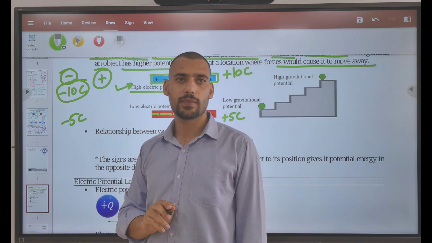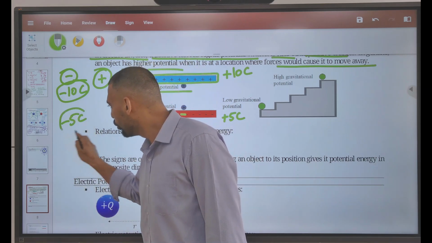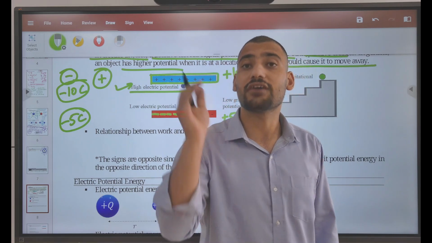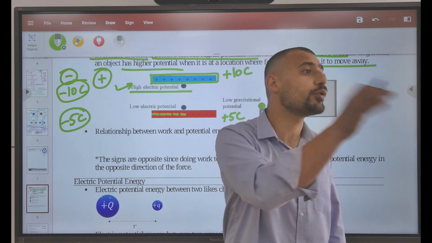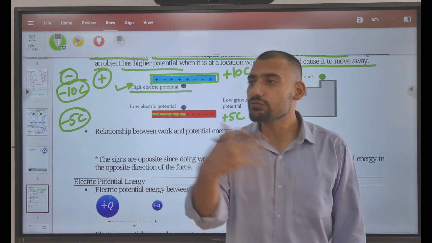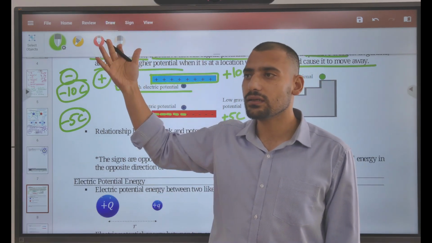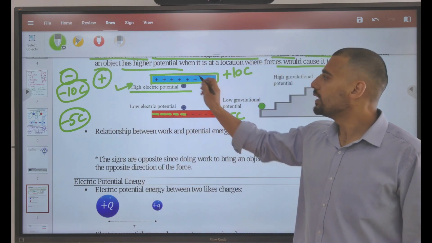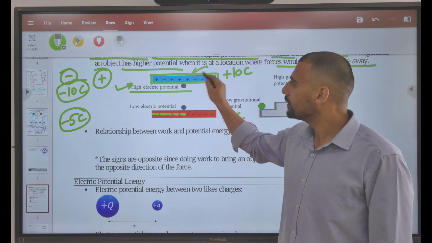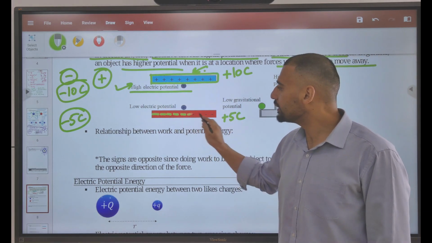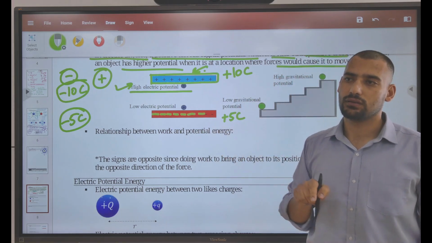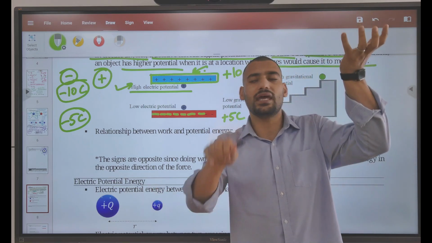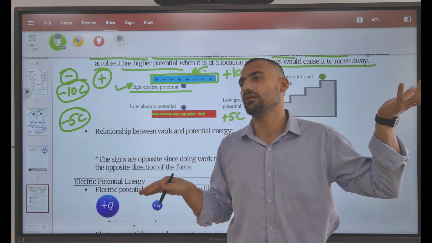Here it is low electric potential, but in physics we talk about reference, and the reference is said to be positive. That is why whenever we say high electric, we always consider it is about the positive charge. So more positive means high, and less positive or negative means low. Positive is high, negative is low. That's what you have to understand.